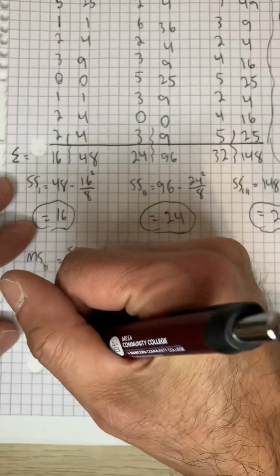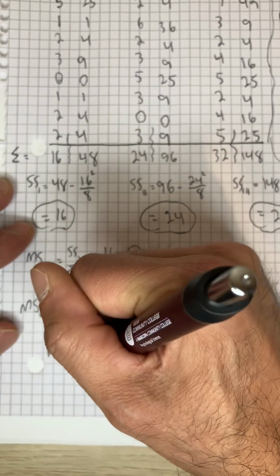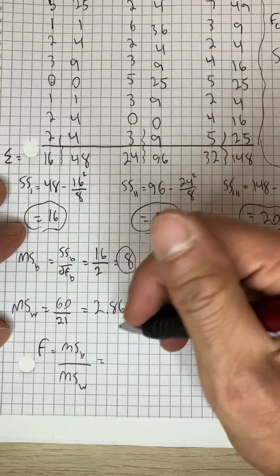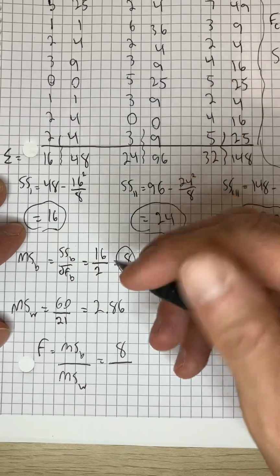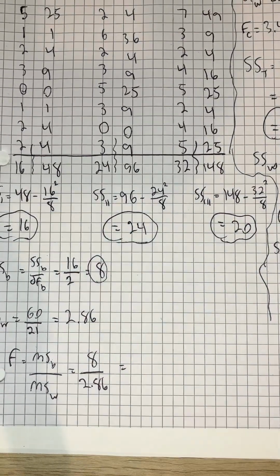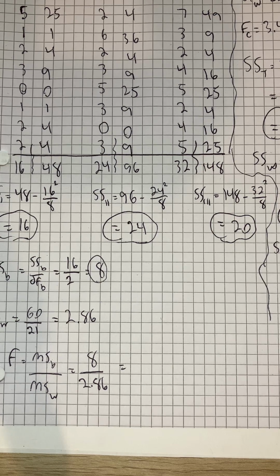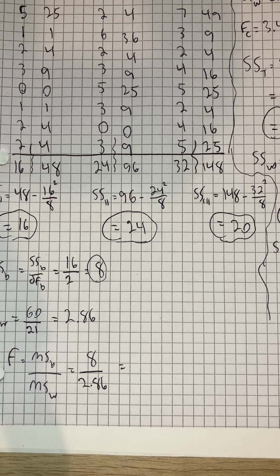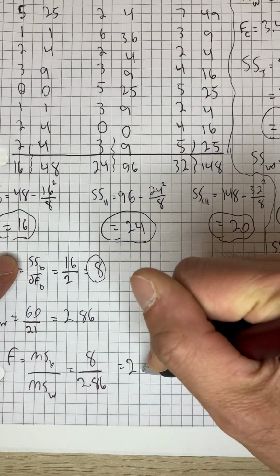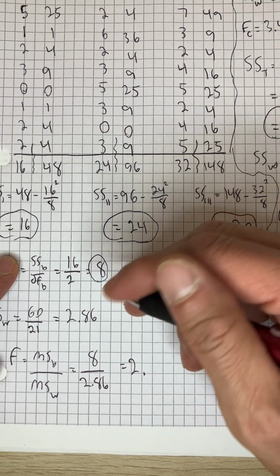So lastly, our F is mean squares between over mean squares within. We have 8 divided by 2.86, which equals 2.8.